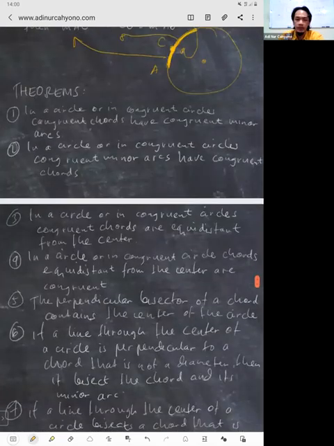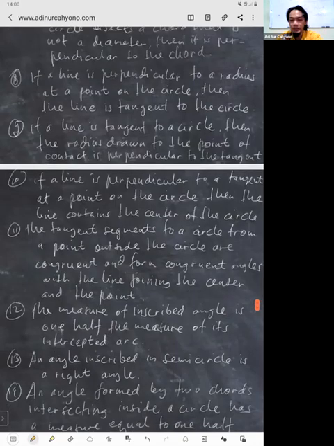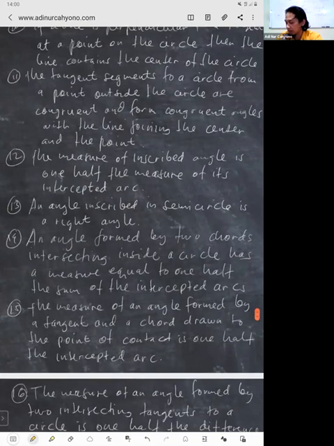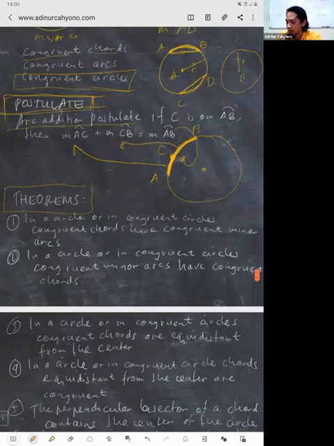And now, you have a lot of theorems in the circle topics. I read there are 20 theorems.